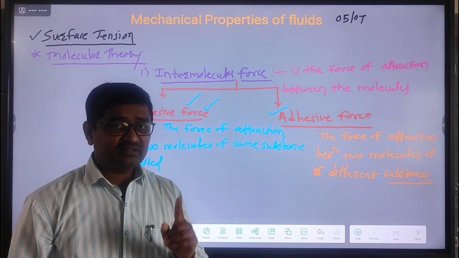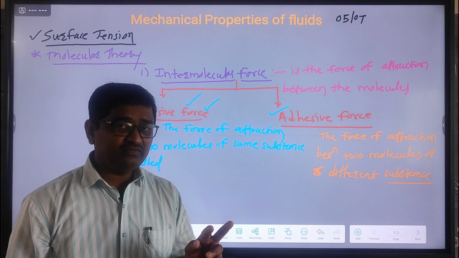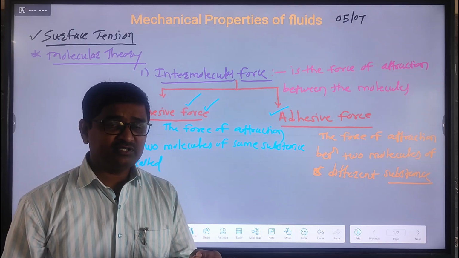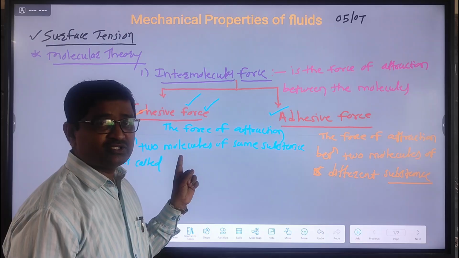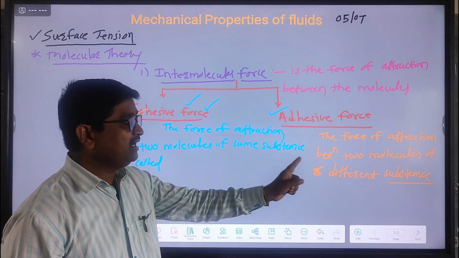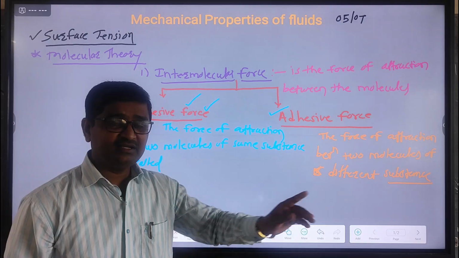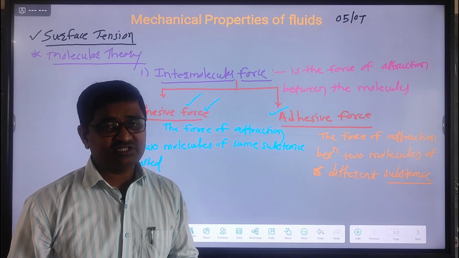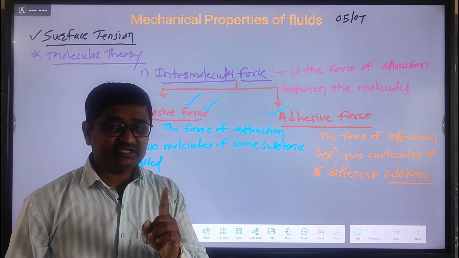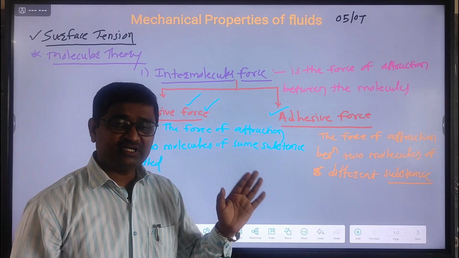So that's why the definitions and the difference between the two are very important. In cohesive force the same substance molecules are attracting, and here the different substance molecules are attracting. Get it clear? You remember this, because 80% of the concepts depend upon these two important definitions.